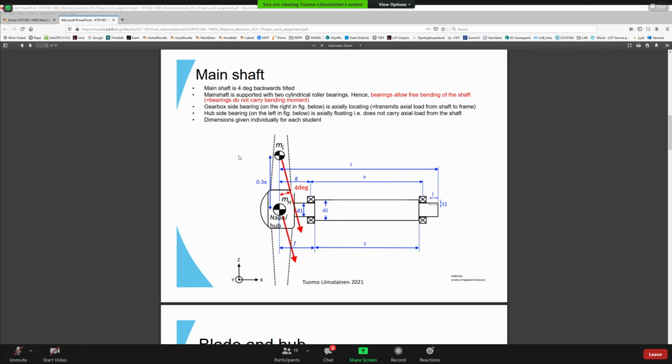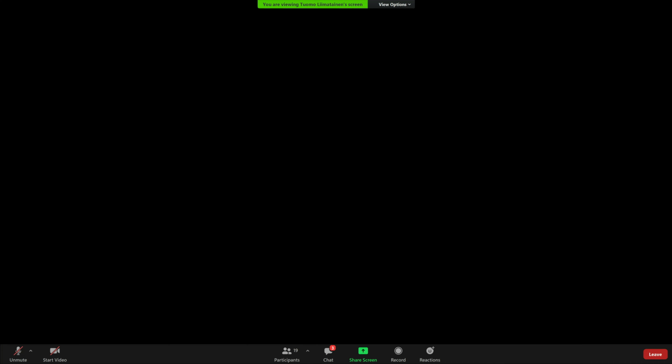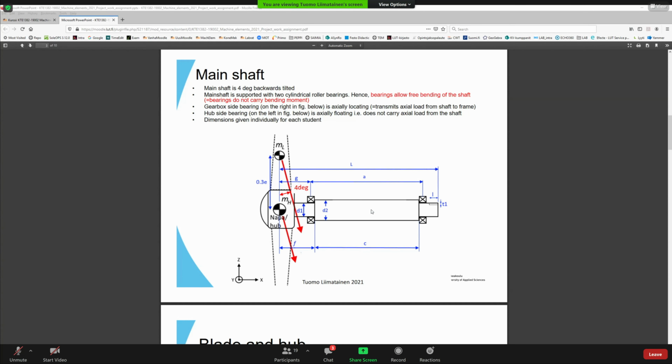Another piece of information for you is that on the gearbox side, in the big picture the right-hand side bearing, is the one that is axially locating. Usually both of them are not axially locating because that would cause internal stresses, for example, due to thermal expansion. If the shaft is expanding and both of the bearings are axially fixed, the shaft will of course try to pull itself against both of the bearings, inducing quite high stresses.